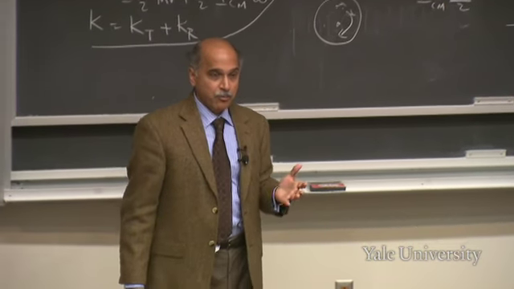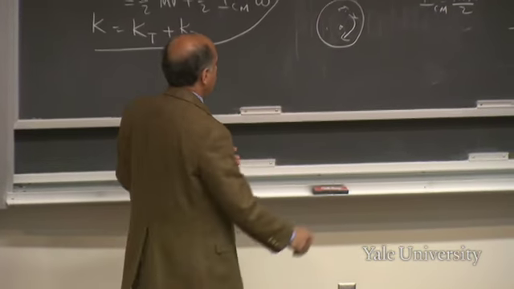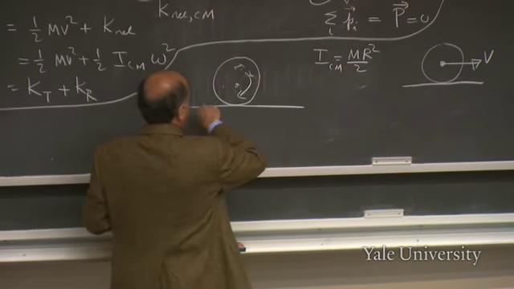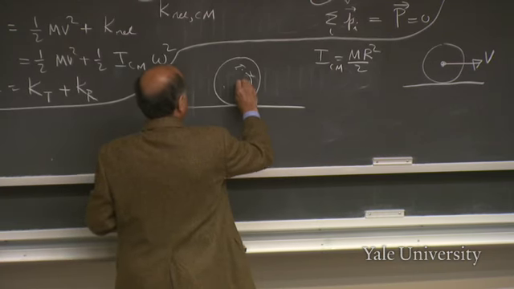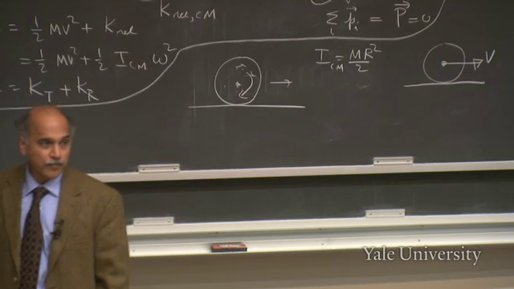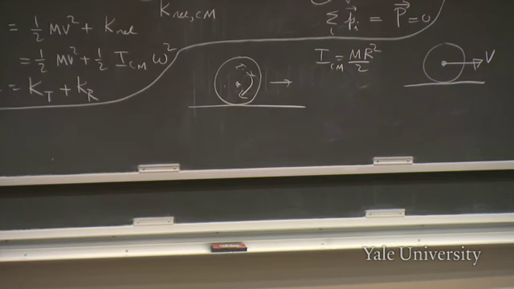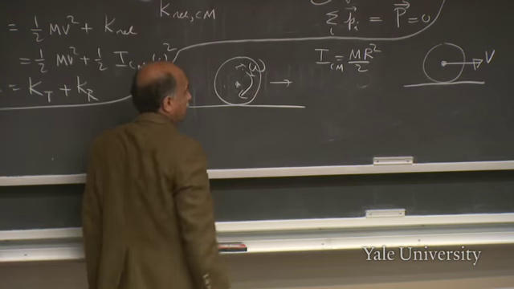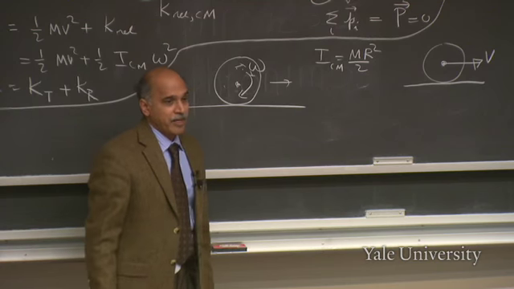Now in a real car, both things are happening. The tire is rolling along the ground, rotating around the center and also translating. It's got both motions. Now the 2 motions, namely the linear velocity of the center and the angular velocity around the center, in general don't have to be connected in any way.